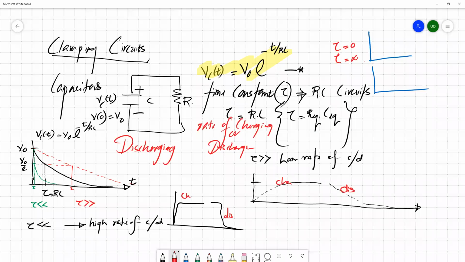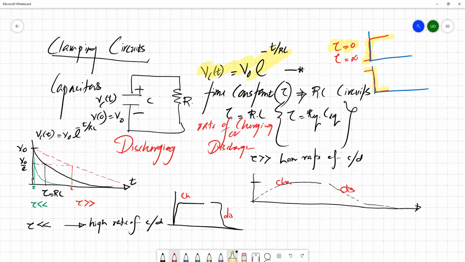If it is charging, it's immediately charged to its maximum. If it is discharging, it immediately drops to 0. So with a zero time constant, you see rapid charging and discharging.